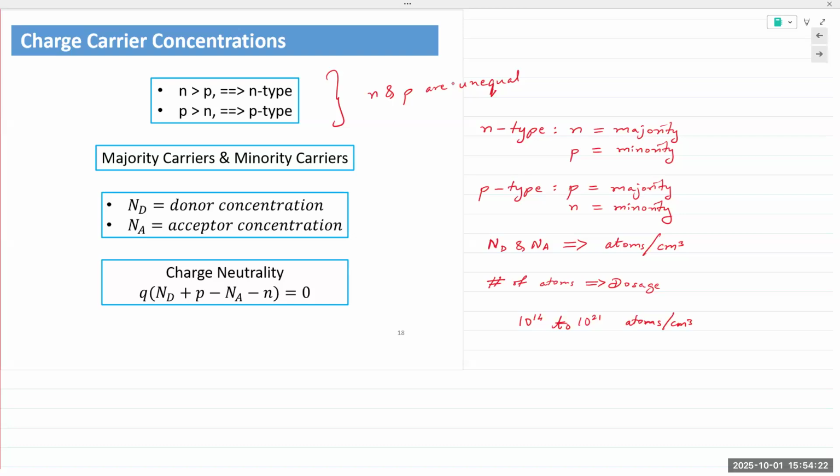Extremely high. So the question being asked is, why would we want an extremely high dosage? One of the most common applications for a very high dosage is to form contacts. We have micro devices, great, they work.